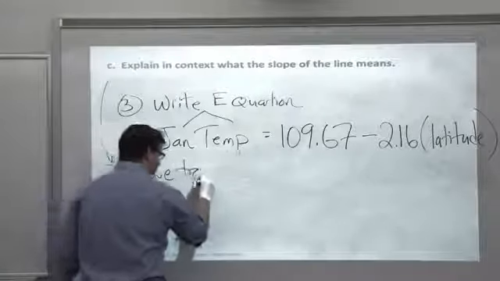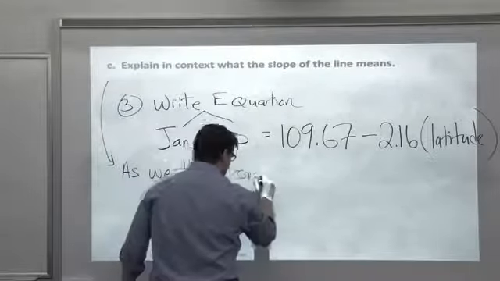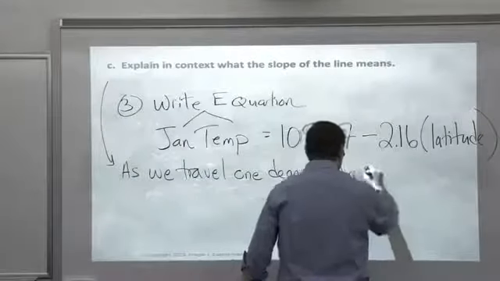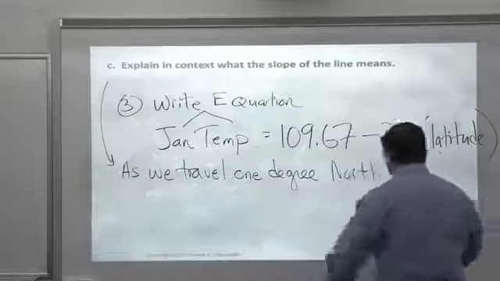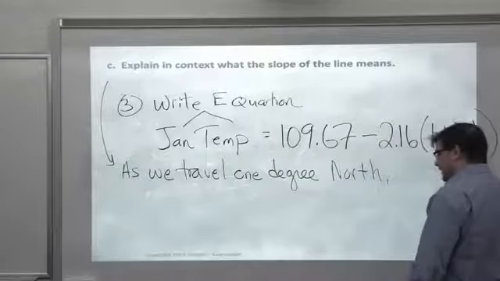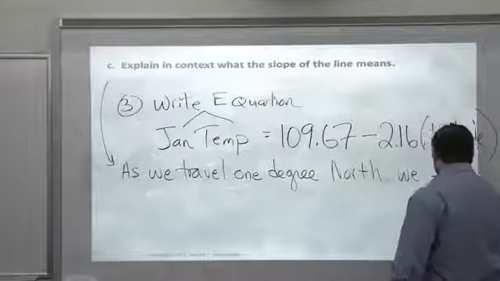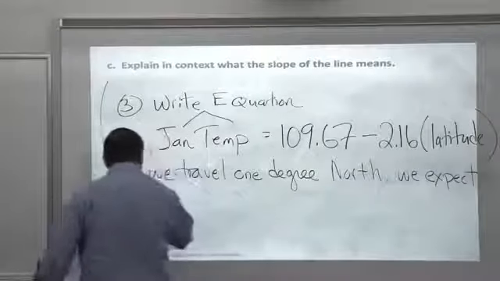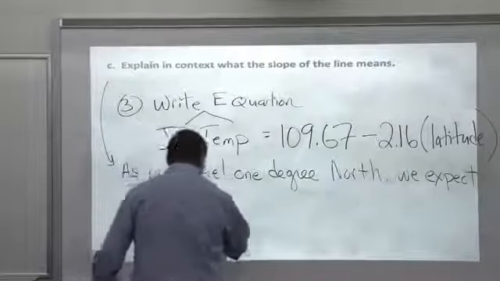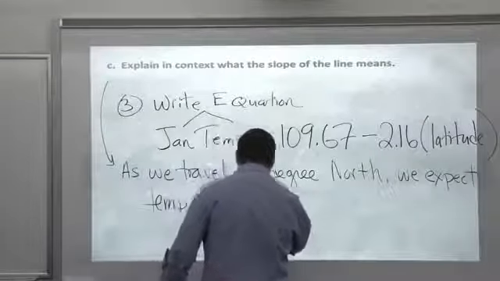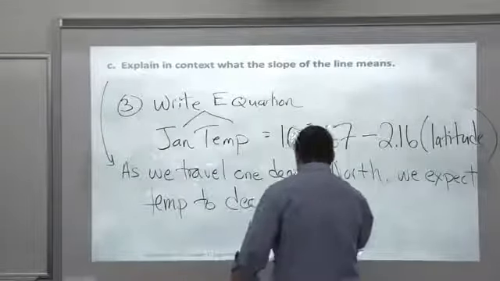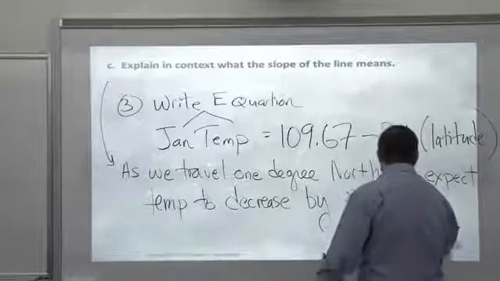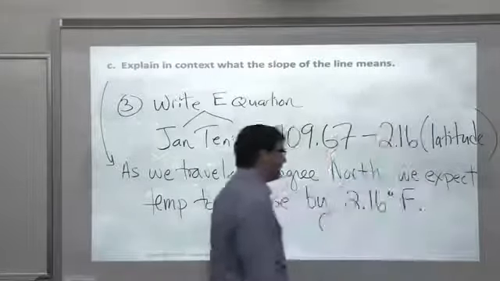as we travel 1 degree north, moving up on the United States map here, as we travel 1 degree north, we expect temperature to decrease by 2.16 degrees Fahrenheit.